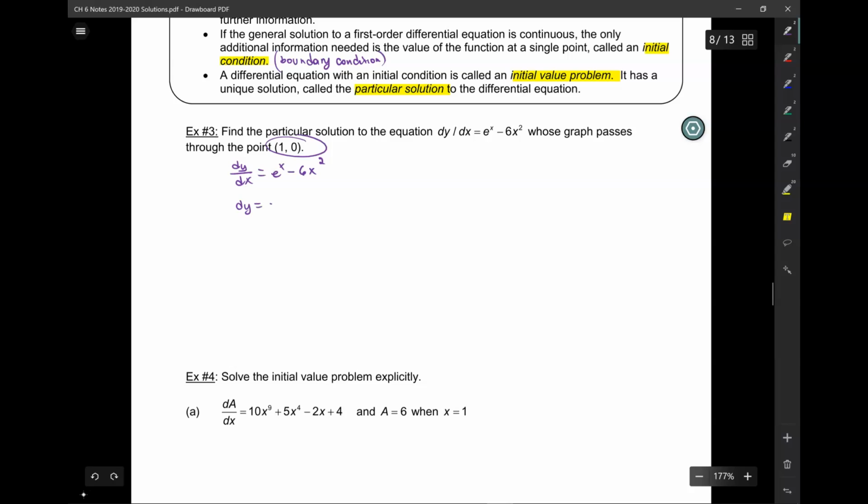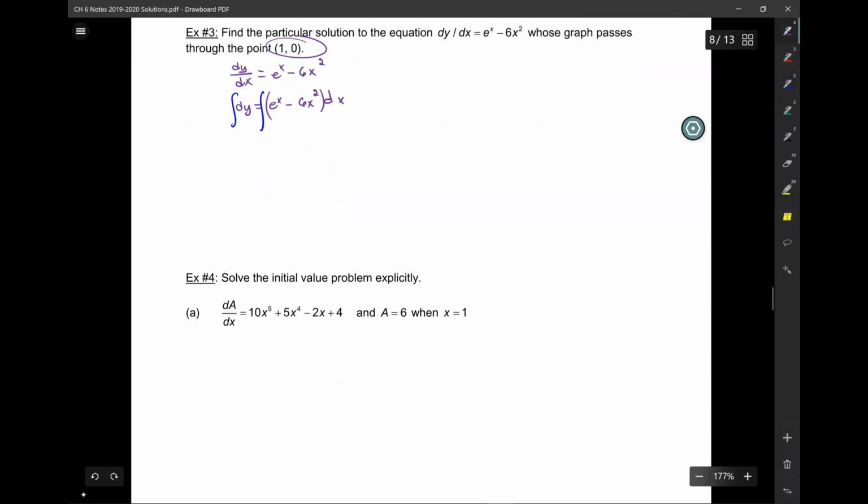So dy is e to the x minus 6x squared dx. Integrate, integrate. So I have y equal to e to the x minus 2x cubed plus c.